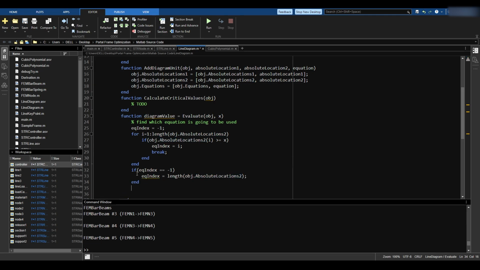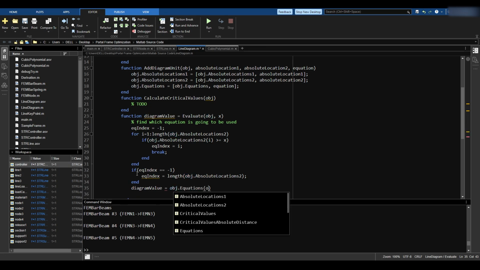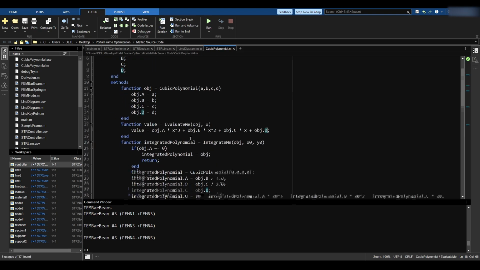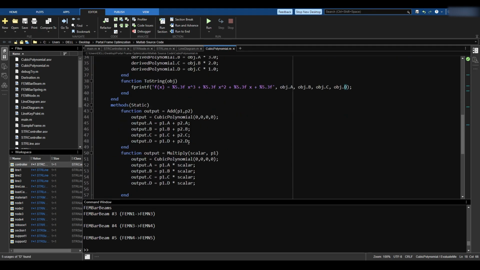And with that being said, I will say diagram value equals, and here we're going to call in the equation: object.equations at the equation index dot evaluate me, and we're going to pass in the x. It has been passed. Yes. Now this evaluate me is something we just programmed here somewhere. Where is it? Where is it?